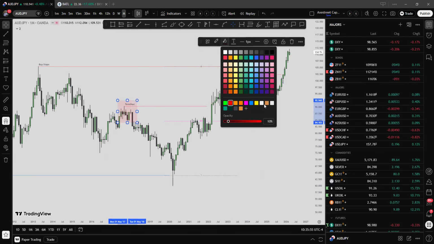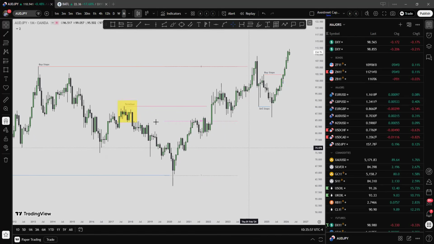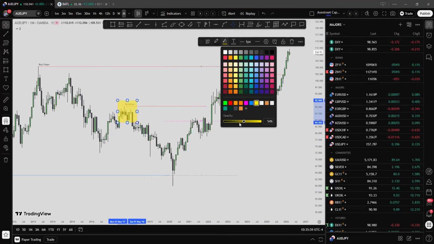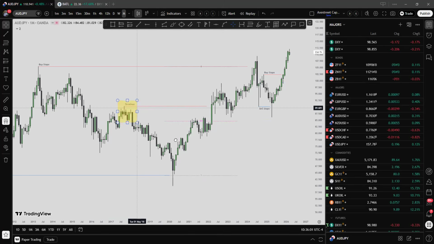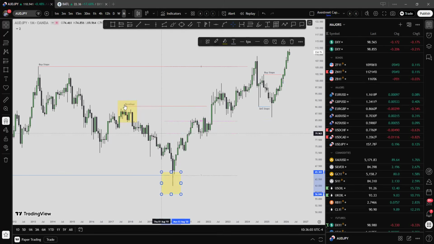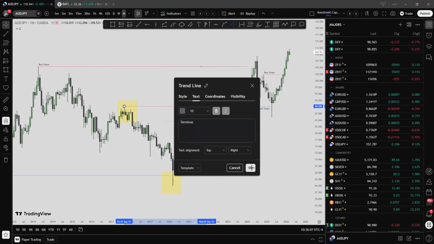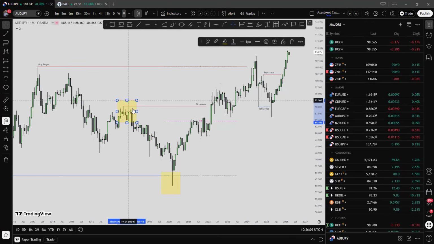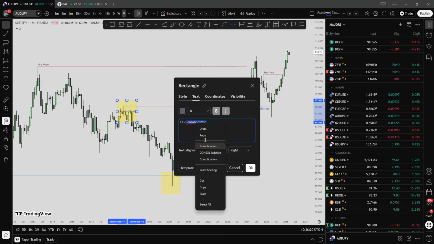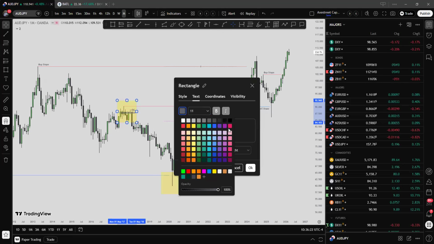Just going to make it yellow. Okay, that's terminus. Here's the smart money reversal. Well, that's original accumulation. Terminus is going to be the right hand side. Okay, let's just fix my spelling quickly. Just typing quick.